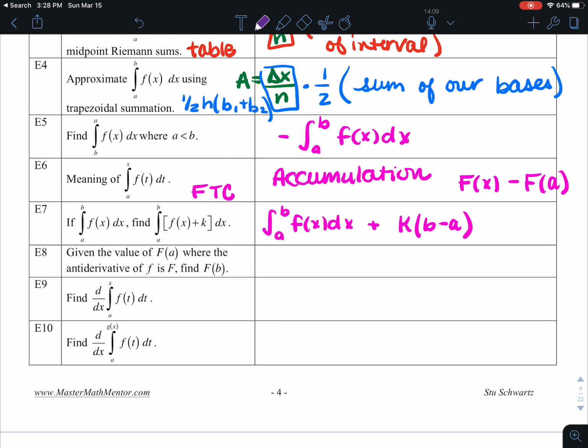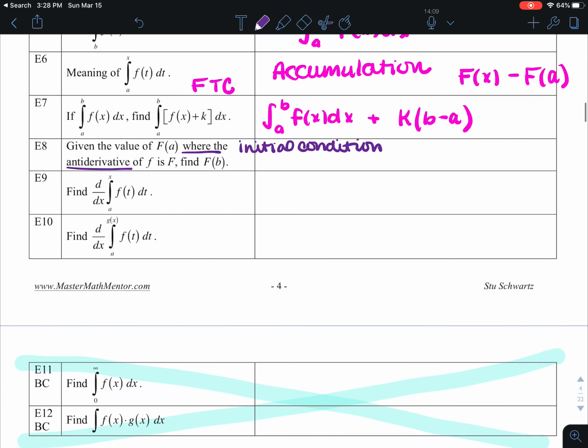If you were given the value of F of a, where the antiderivative of f is F, find F of b. This is again, we see that idea of initial condition. Because if we go back to the fundamental theorem of calculus, I'm going to write it down here at the bottom of the page.